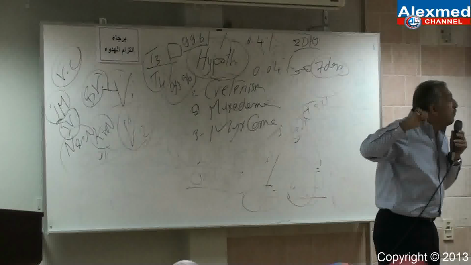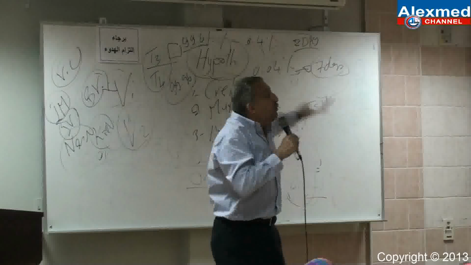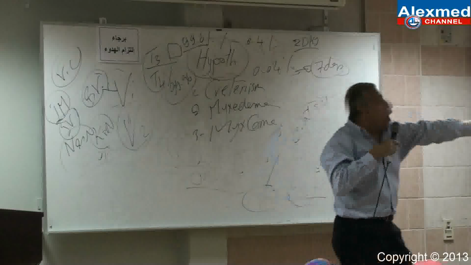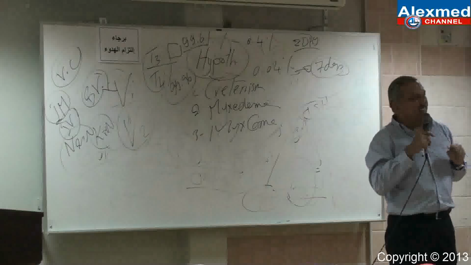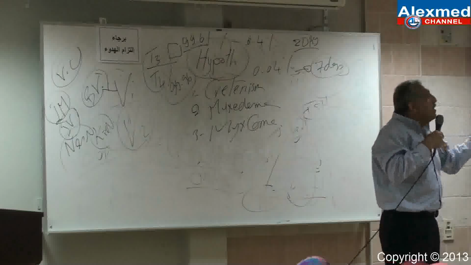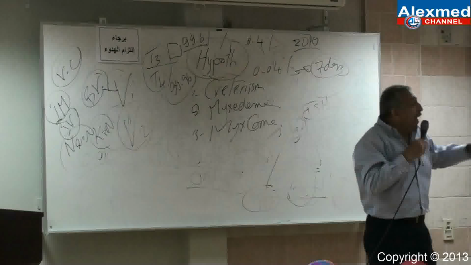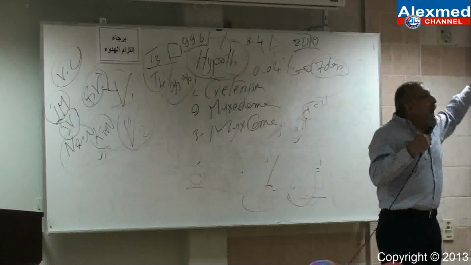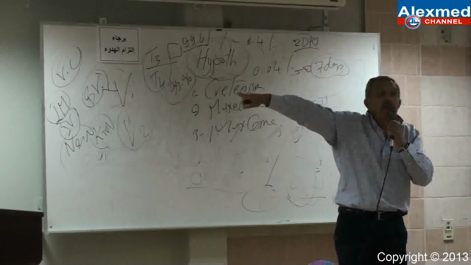Why? He's going to die, but not from the disease, but from the overdose. You change a freezer into an oven. You change a severe hypothyroid into hyperthyroid.